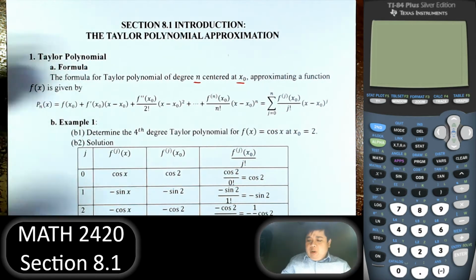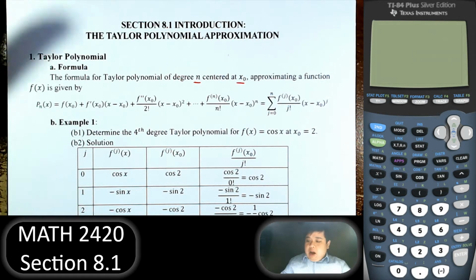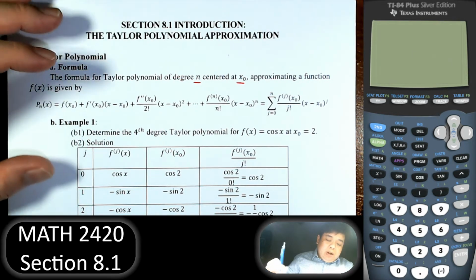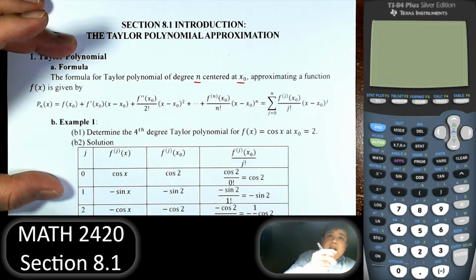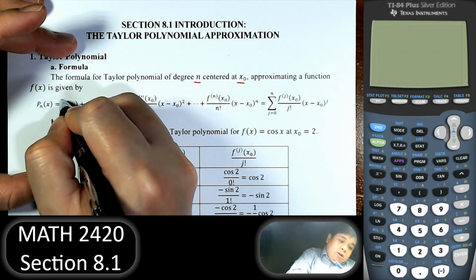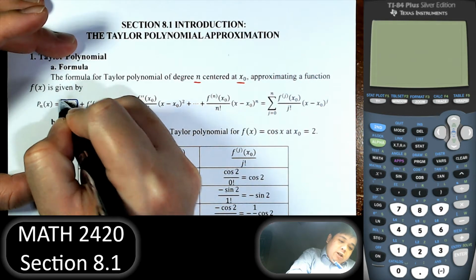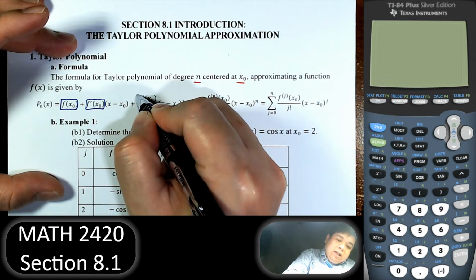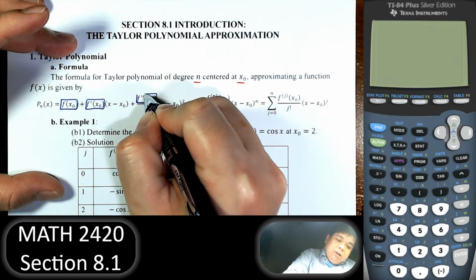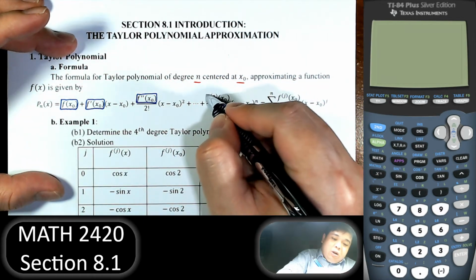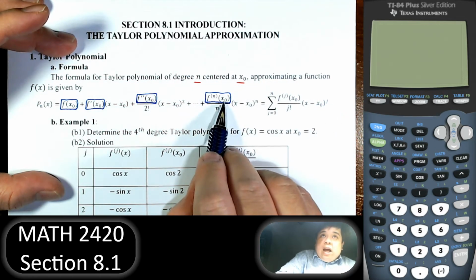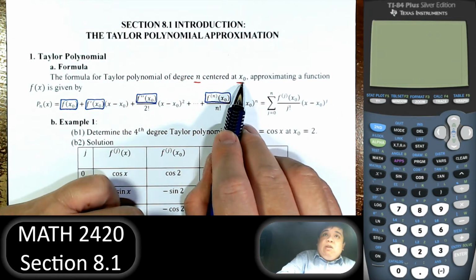There will be a few components of the Taylor Polynomial. The first component is the function, derivative, second derivative, third derivative, and so on, up to the nth order derivative, evaluated at x0, wherever the center is.